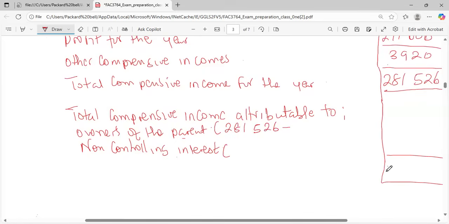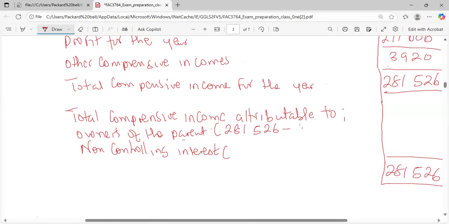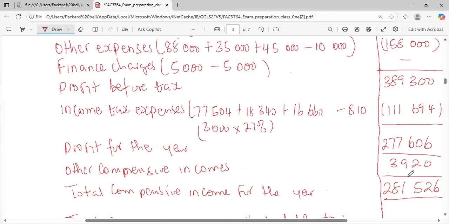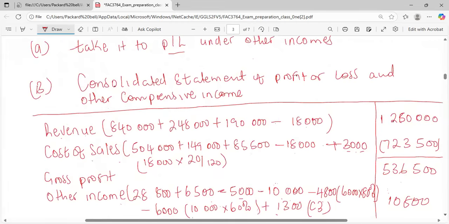So you go to your analysis. The profit for the year that goes to NCI is what you are going to subtract from here. Where is our analysis? They are down, sorry.